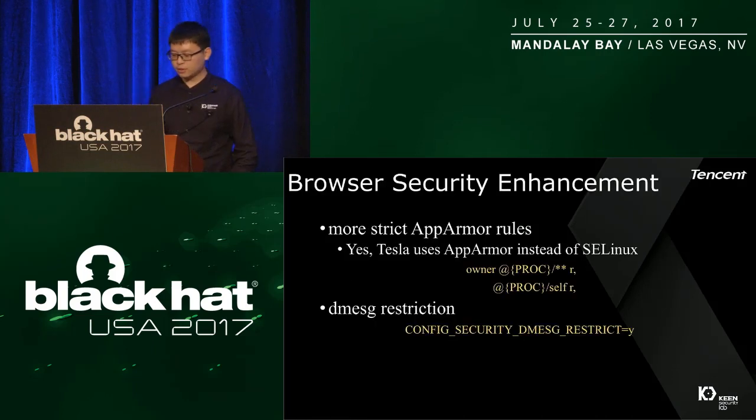And nowadays, in the browser context, we cannot read the dmesg output, so it's hard to access the leaked info from the kernel, right? Writing reliable kernel exploits becomes more and more difficult.